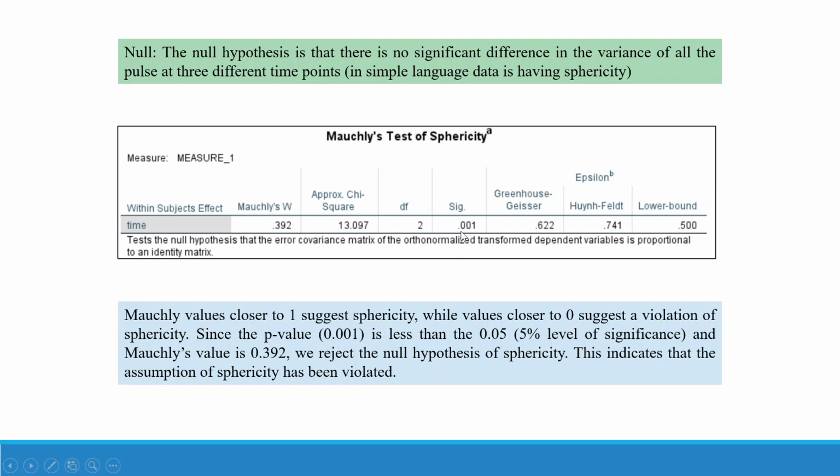Since the p-value is less than 0.05, which is 5% level of significance, and Mauchly's W is 0.392, we reject the null hypothesis of sphericity. This indicates that the assumption of sphericity has been violated. Okay.